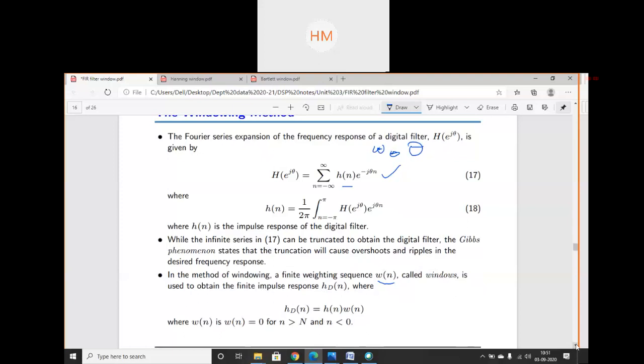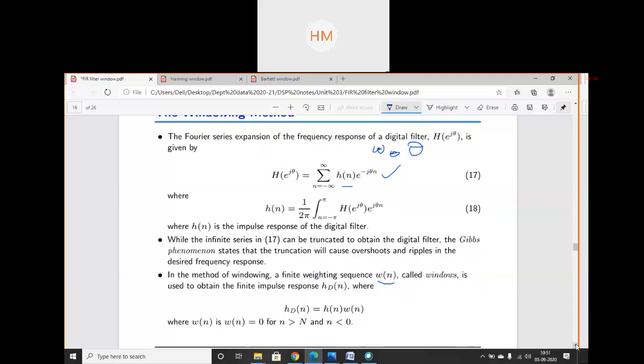So what we will get, the frequency response is my h of e to the power j theta, and its Fourier coefficients h of n are shown at the top. Also shown are the finite duration weighing function Wn and its Fourier transform. Wn is a finite weighing function, and its Fourier transform will be W of e to the power j omega. Clear?